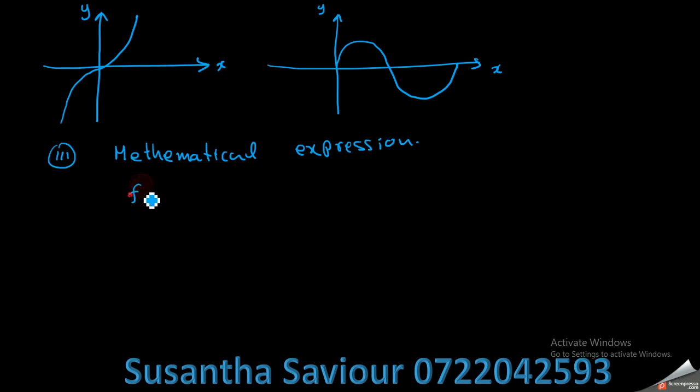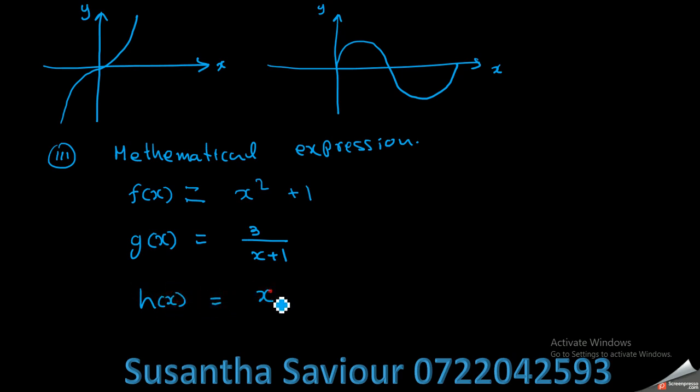Say for example, f(x) is equal to x squared plus 1, g(x) is equal to 3 over x plus 1, h(x) is equal to x cubed minus 1, or again p(x) is equal to, we can use different notations, say for example, x squared minus x plus 1.